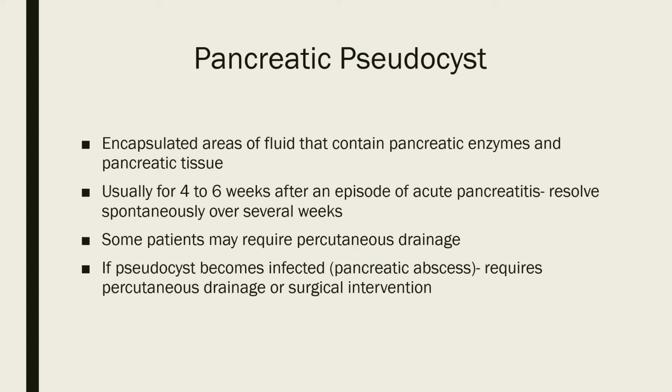However, some patients may require percutaneous drainage because the cysts may burst, and then there will be fluid in the peritoneal cavity. We will see ascites, and so we will need to drain off that fluid. If the pseudocyst becomes infected, it is a pancreatic abscess, and this will require percutaneous drainage or possibly surgical intervention.